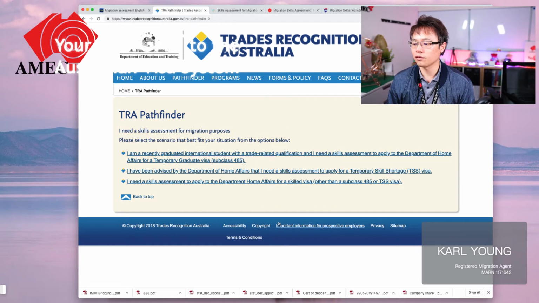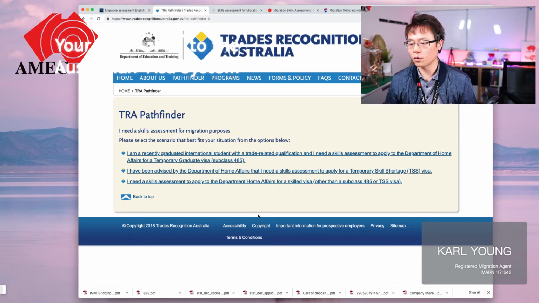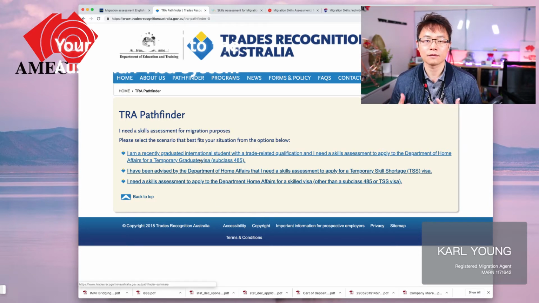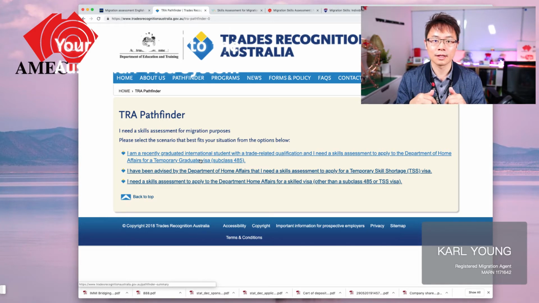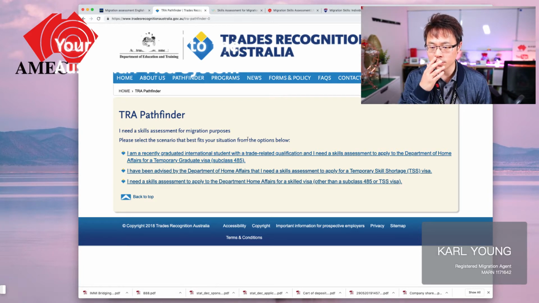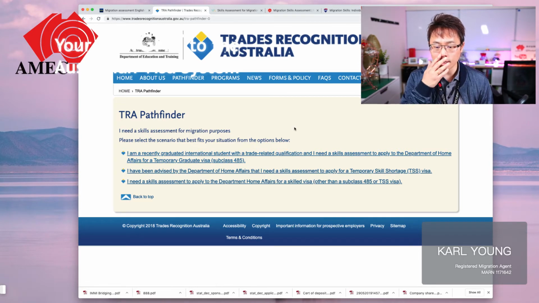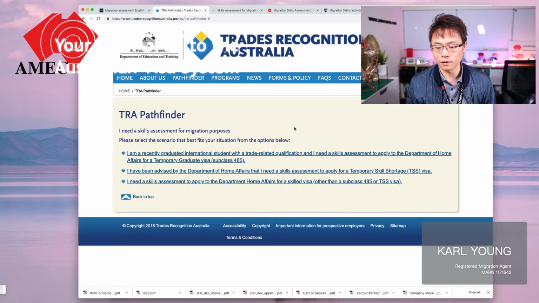Then you have 3 of them to actually choose from. The first one's 485. Again, what is 485? That's for the temporary graduate visa. That's for people who have studied as an international student in Australia and are required to graduate and get a temporary work visa after graduation. Then you click on this one. That generally takes you to a job ready program, and you have to go through 4 different steps.